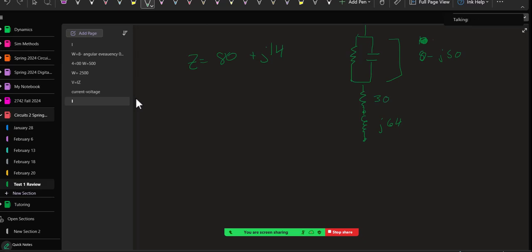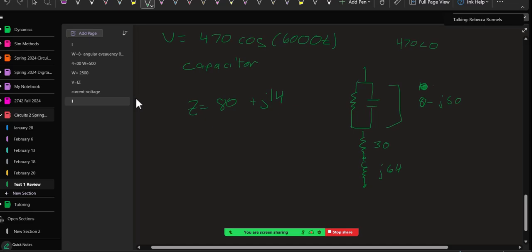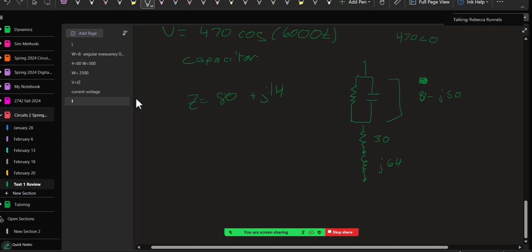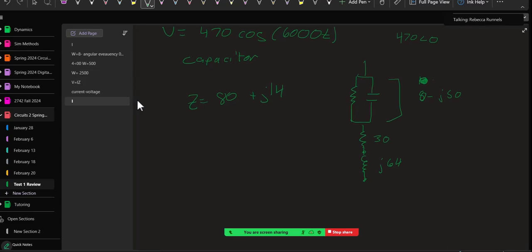Okay, so all we need to do to find the voltage across the inductor is to do voltage division. So it would be 470 times j64 over j64 plus 30 plus 50 minus j50.